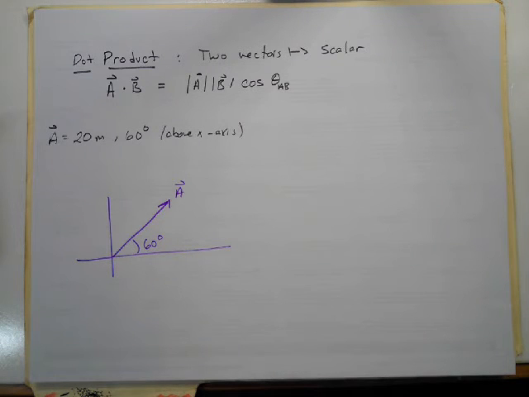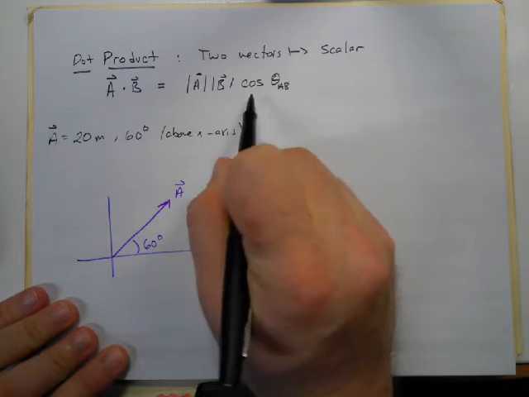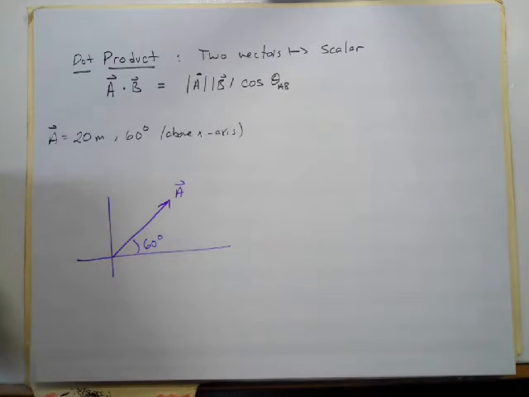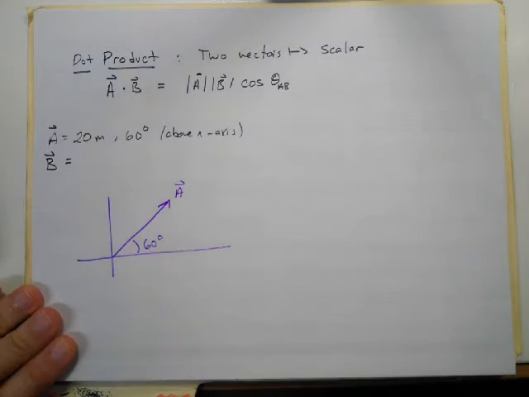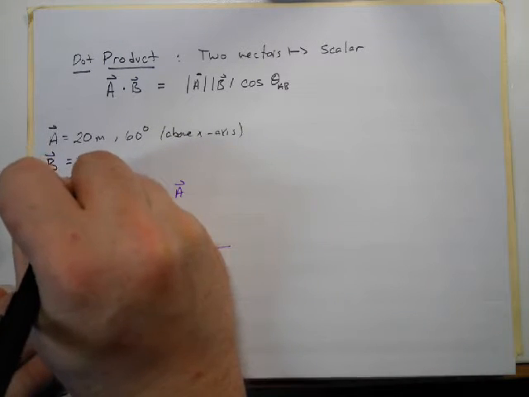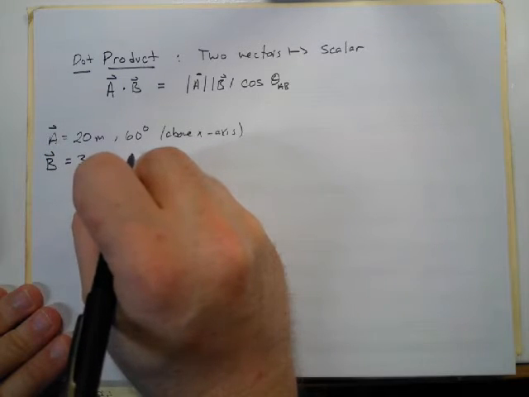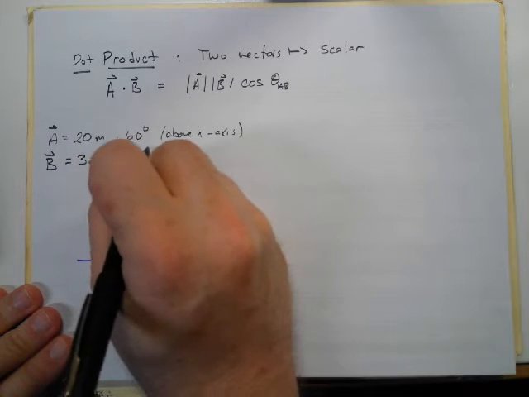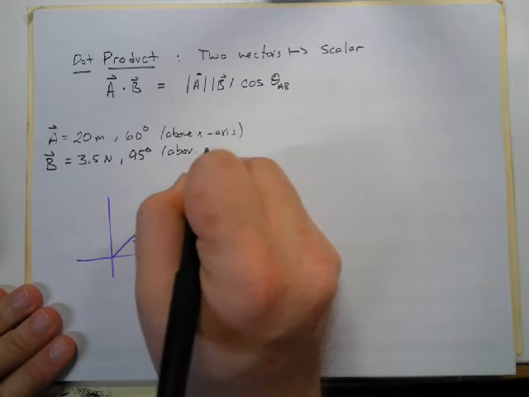So this angle has nothing to do with the x-axis. It is between A and B. So I need to specify an angle for B, let's say. So let's say B is 3.5 newtons, and it is at 95 degrees above the x-axis.